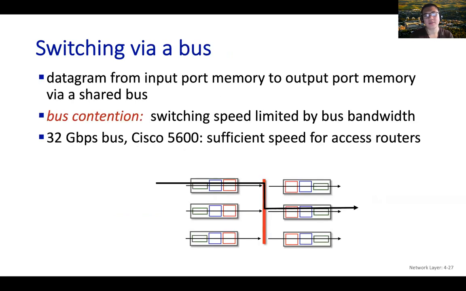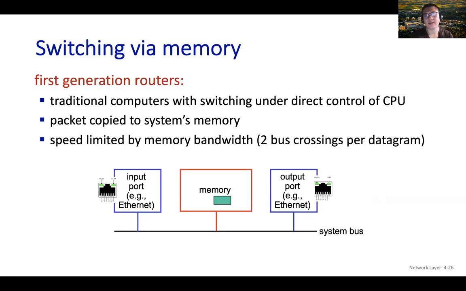And you just pass the datagram to the output port. So you transfer the datagram through the system's memory, and the problem is that the speed would be limited by the memory bandwidth.